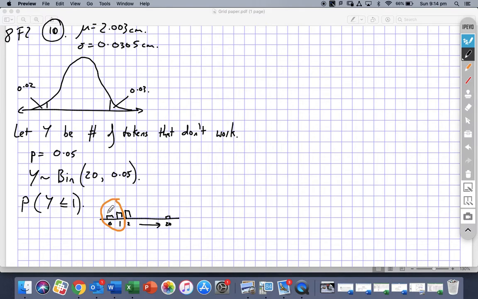So really we've got a cumulative situation here. We need to account for none of them and 1 of them. So we need to go to binom CDF, the binomial cumulative density function, with 20 trials. Oop, that's supposed to be a 0. I want to know 1. Remember, if you let your value be 1, it includes the 1.